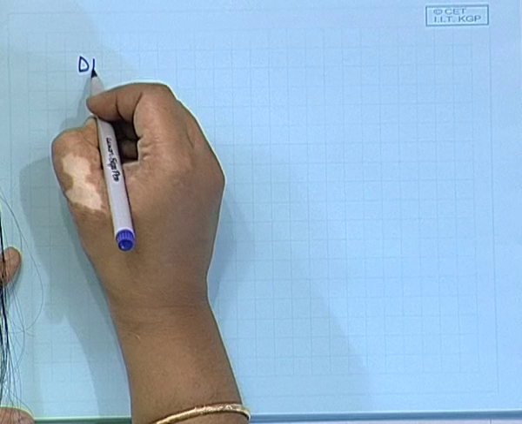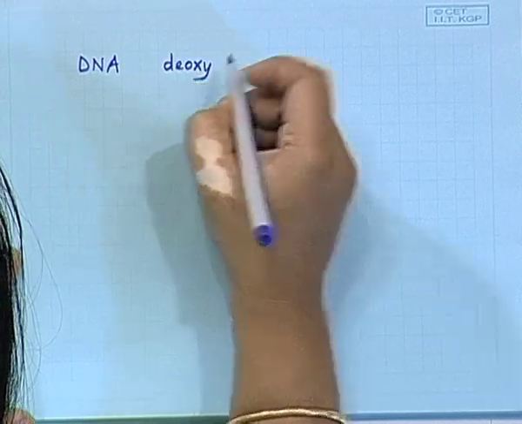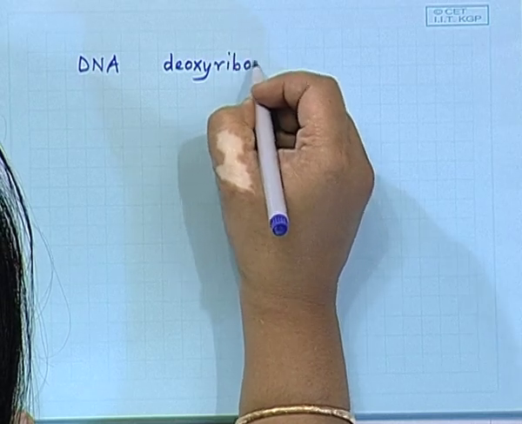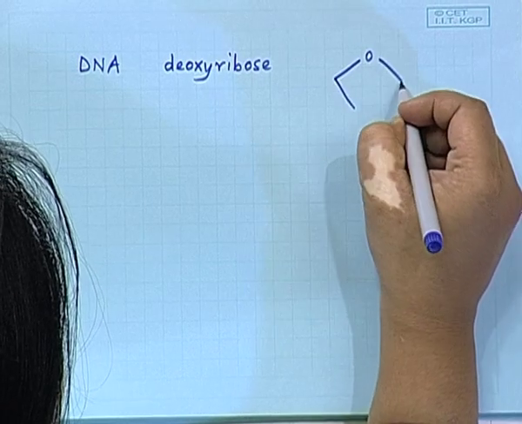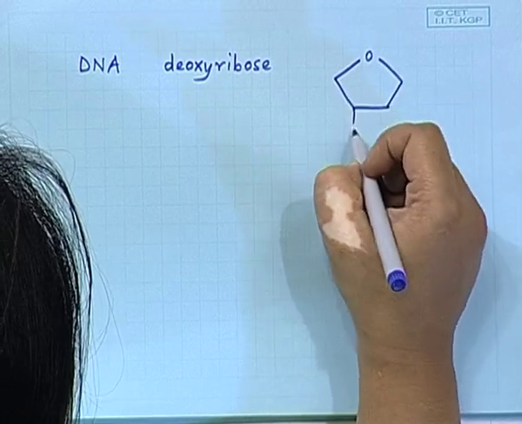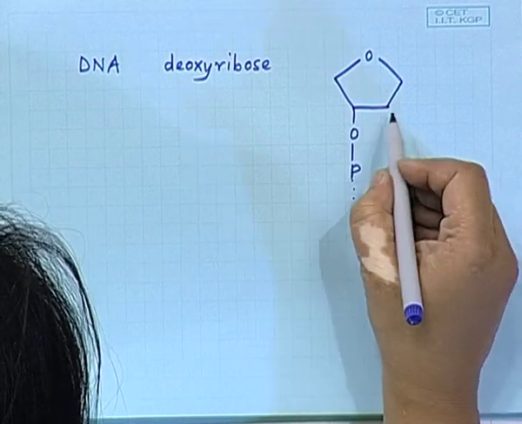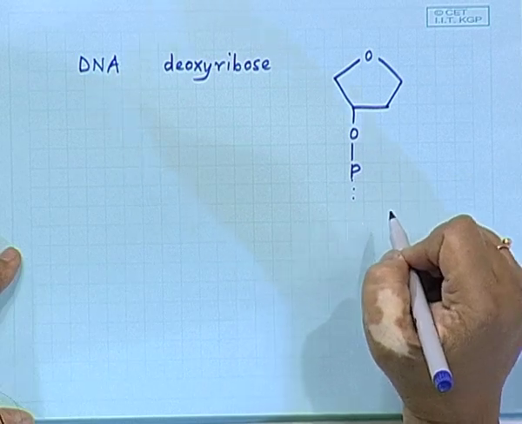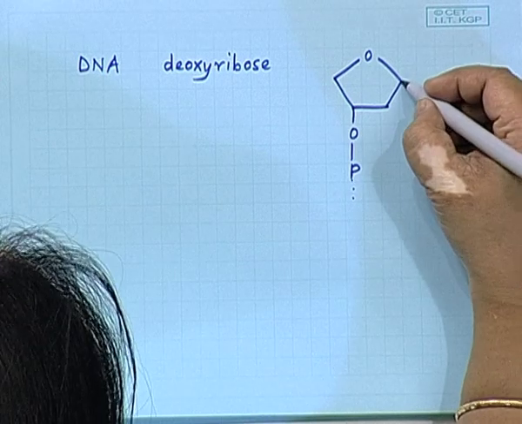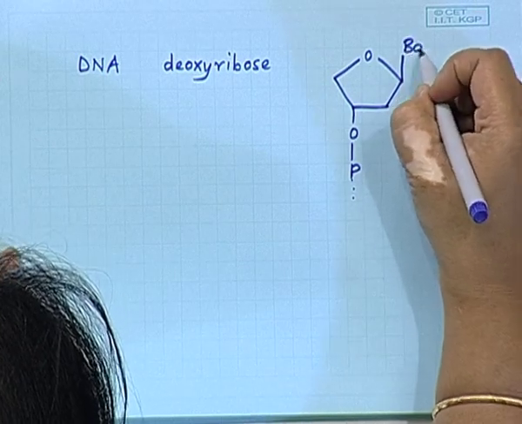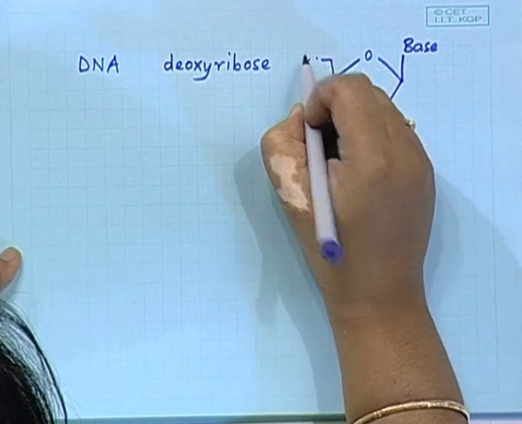If we have DNA, we have deoxyribose. It is essentially the same, P and so on. This is missing. It is deoxy at the 2 prime position. Whatever the rest of the chain.